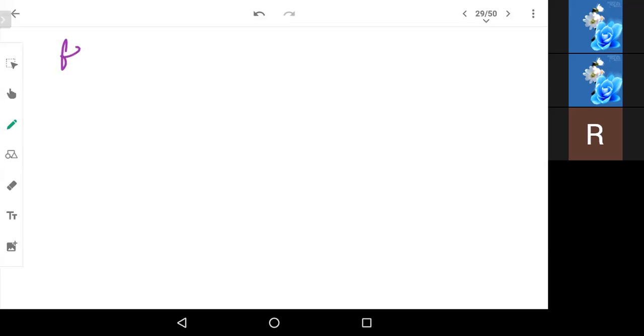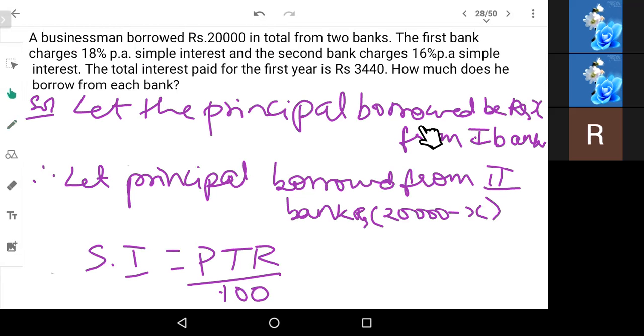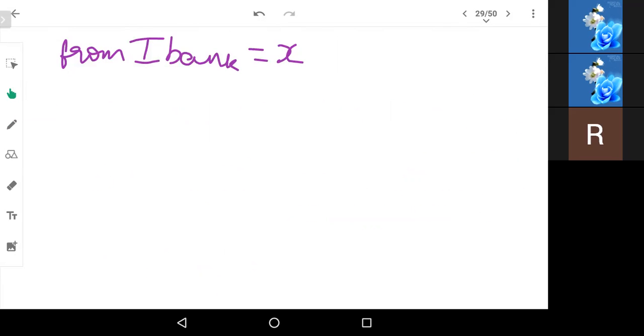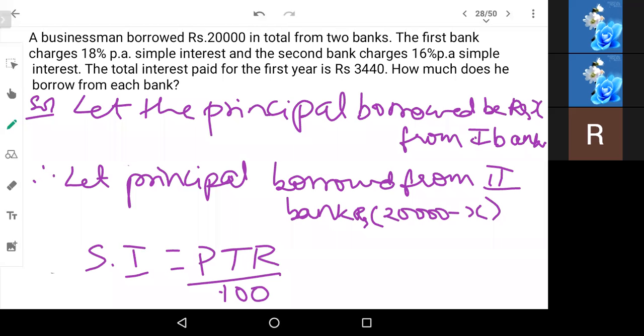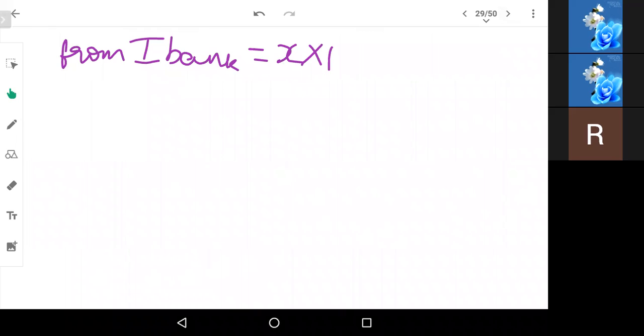Now from the first bank, principal is assumed as X. If you see here, let the principal borrowed be X from the first bank. So principal is X. Time is mentioned here, first year. So time is 1.